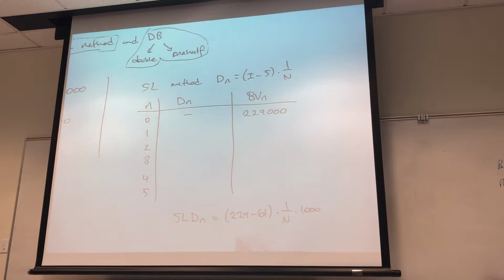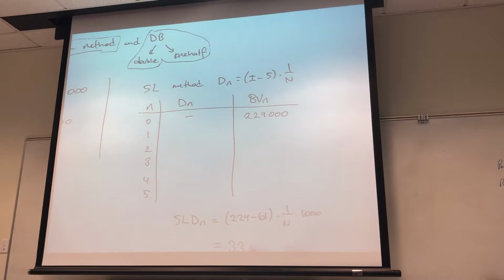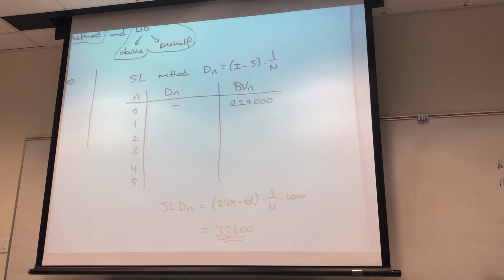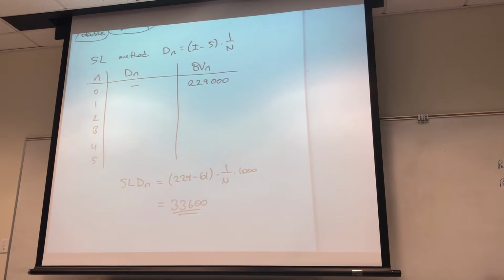Again, for the straight line method, the depreciation does not change for every year. If you forget the salvage value here, you're going to depreciate into 0, which is wrong, because we have a salvage value. But if the question said you don't have this, then S is equal to 0, so we don't have to do this. Do not forget the salvage value. That's how I lost points on my homework.